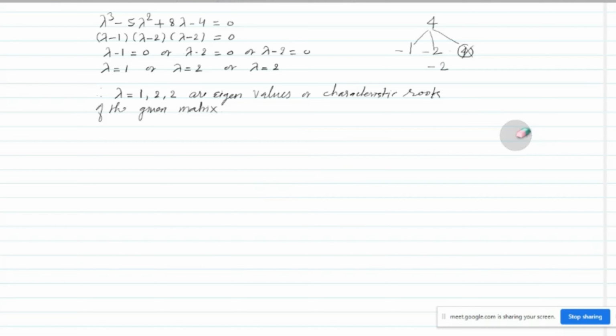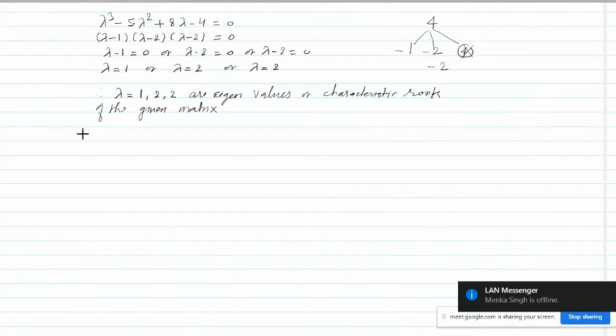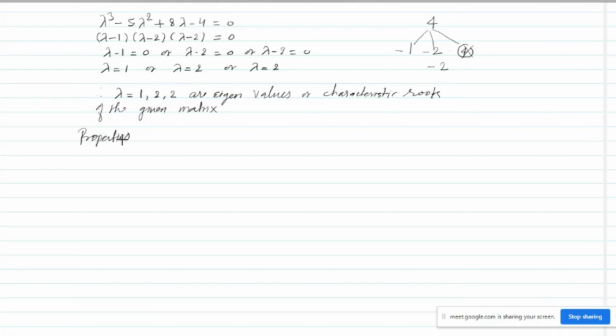चलिए नेक्स्ट. अभी हम पढ़ेंगे properties of eigenvalues, or you can say properties of characteristic values. Everything is same. There are so many names, we can call it by any one of the names.